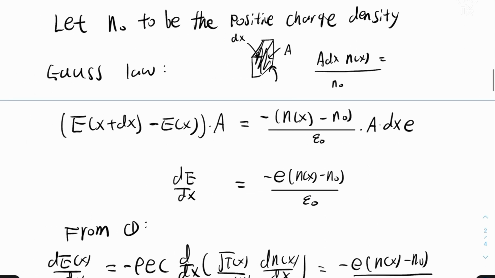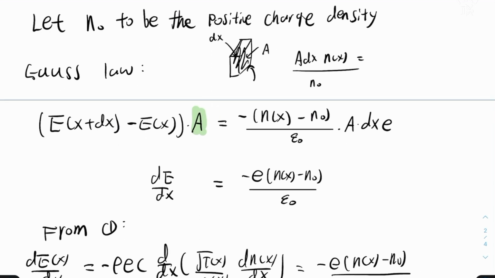And using Gauss's law, we can see that Ex plus dx minus Ex, times A, where this term is basically the same as this, right, is equal to the total charge inside this volume, which is negative nx, and notice there's a negative sign over here, times e, plus n0 e, divided by epsilon 0, times A dx.